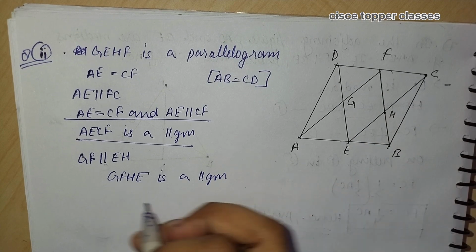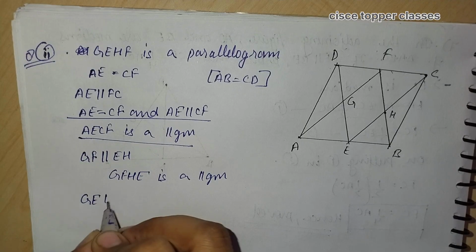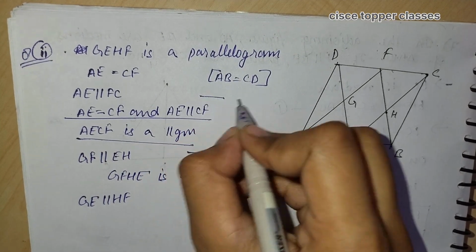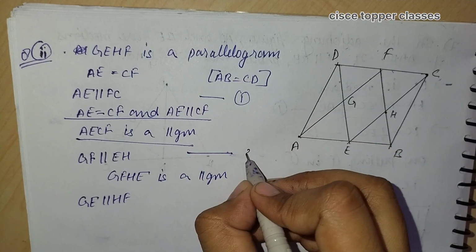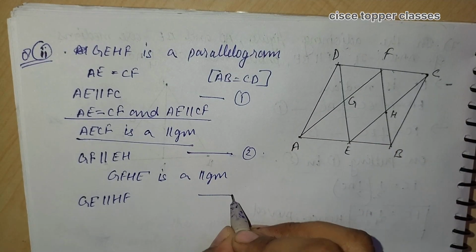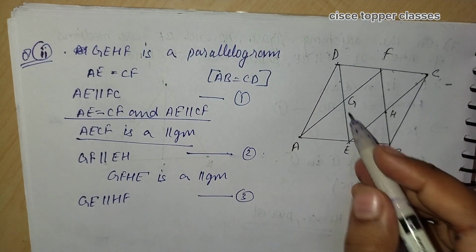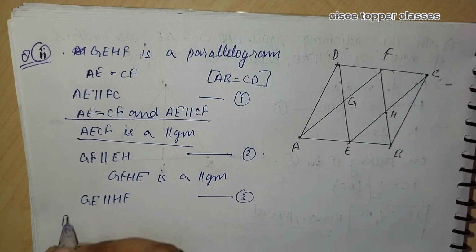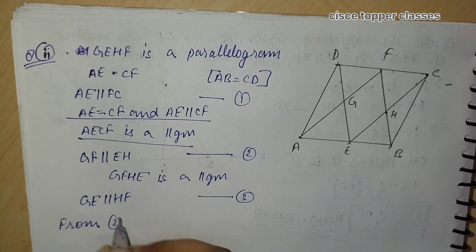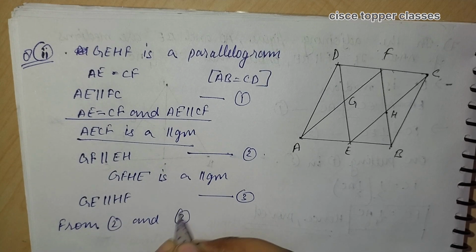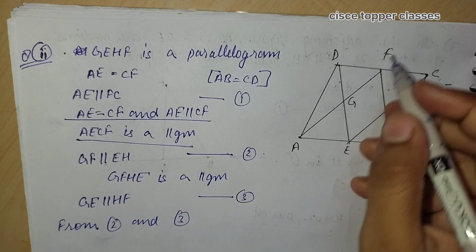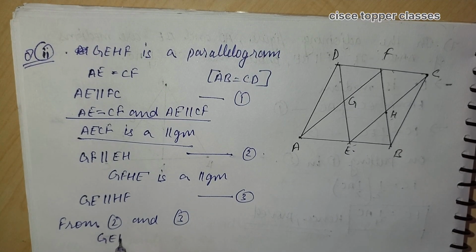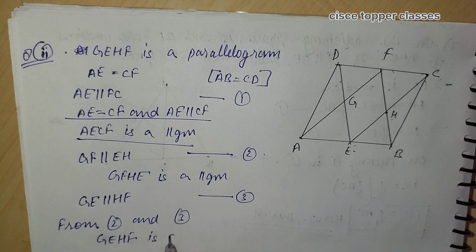So we can write respectively that GE is parallel to HF. Let this be the first part, this be the second part, and this be the third part. GE is parallel to HF. From here we have concluded, and from second and third we will get, because GE is parallel to HF and GF is parallel to HE, so simply we can write GEHF is a parallelogram.